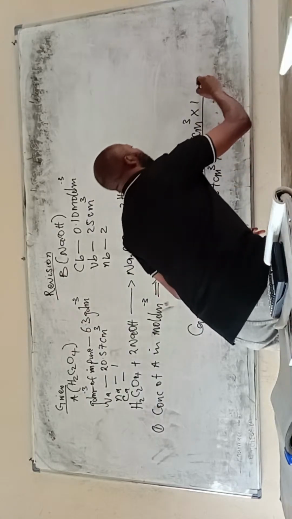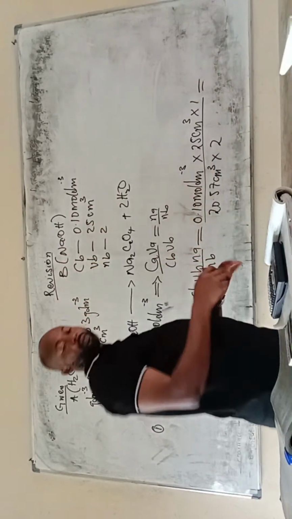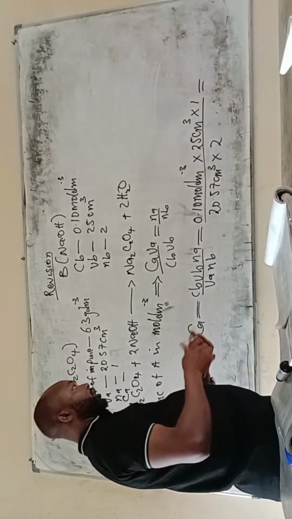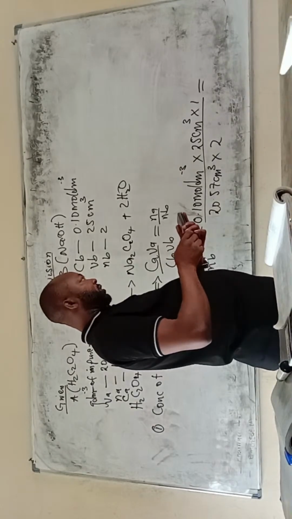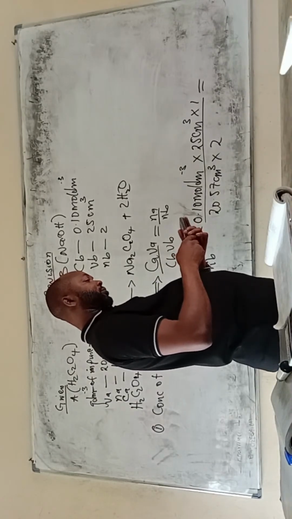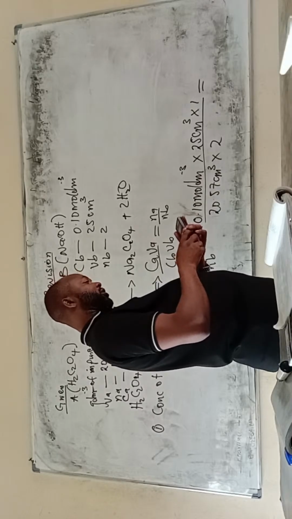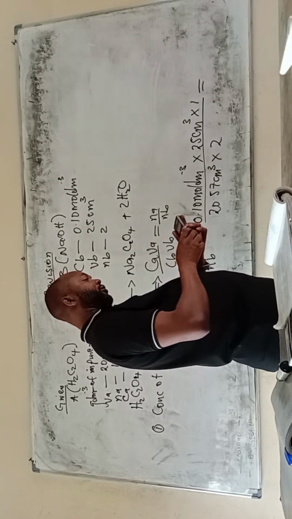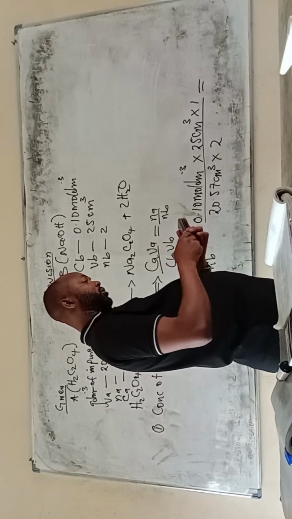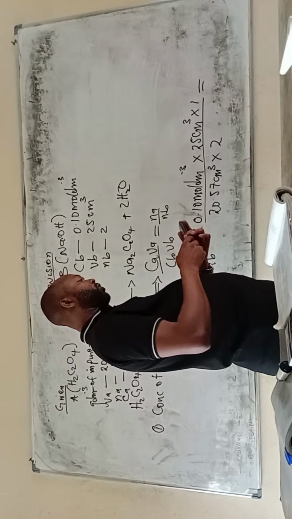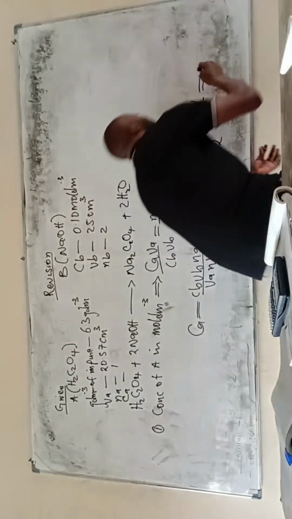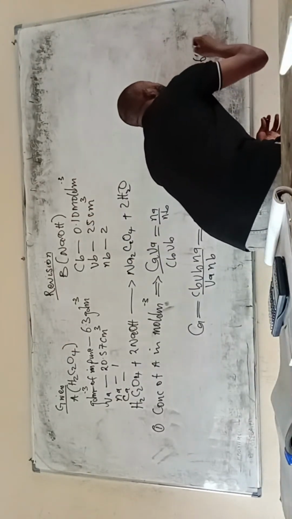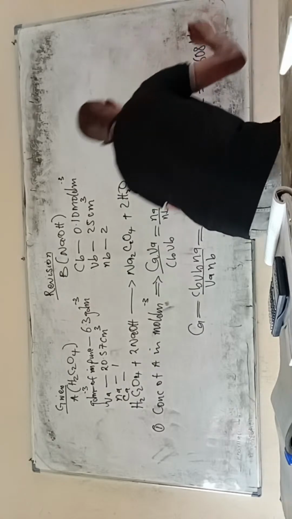And this all equals what? So we are going to do the calculations here. 0.1 times 25 divided by 20.57 and also divided by 2. We have 0.0608. 0.0608 mol/dm³.